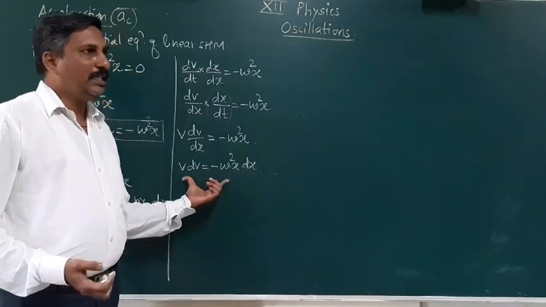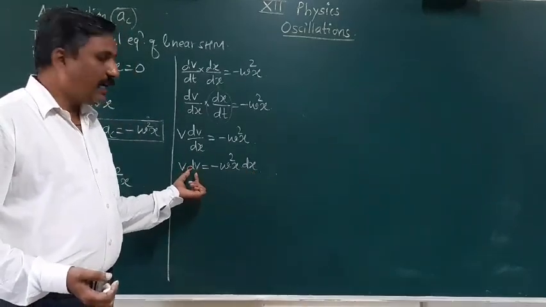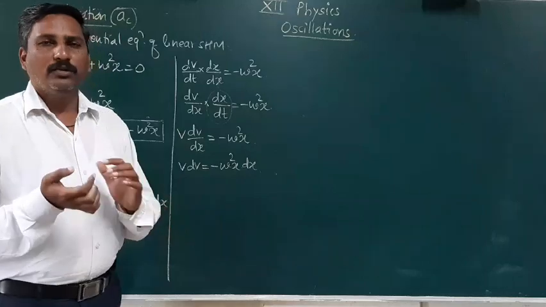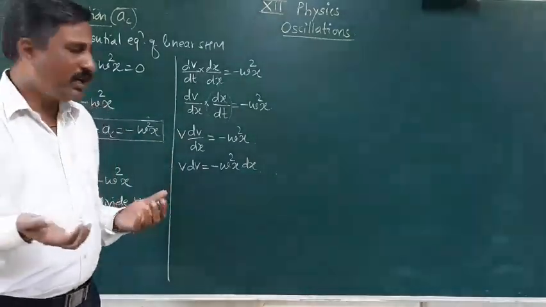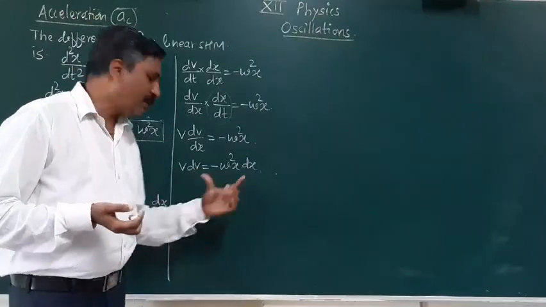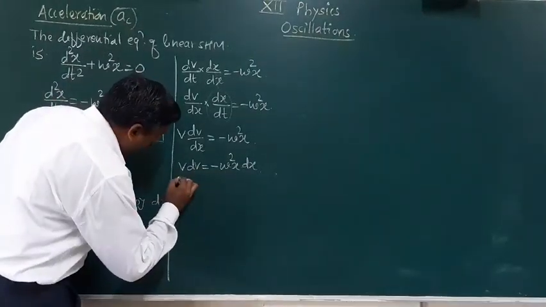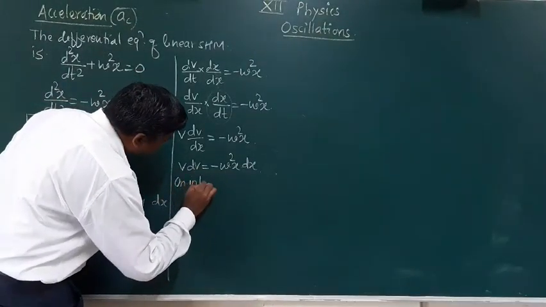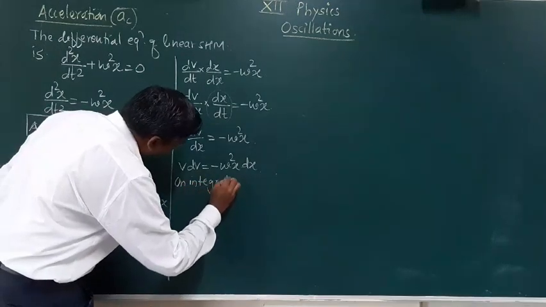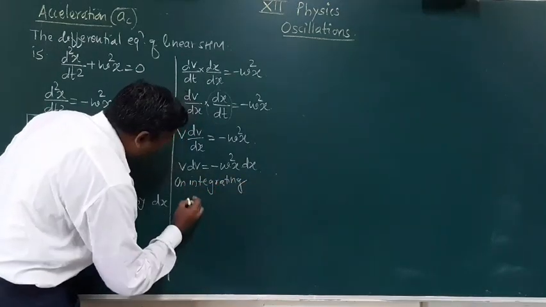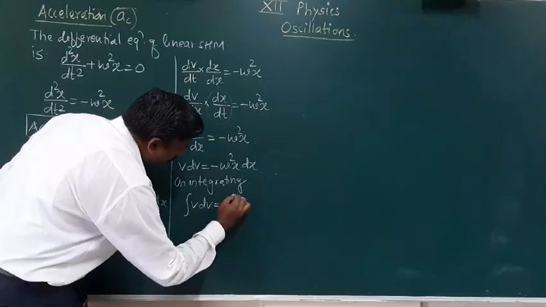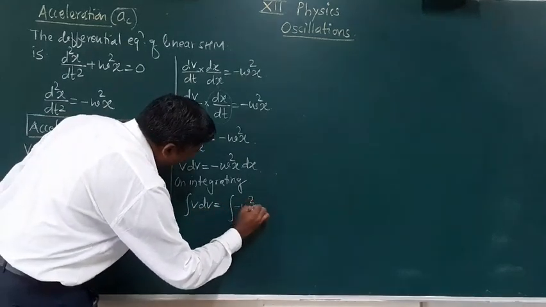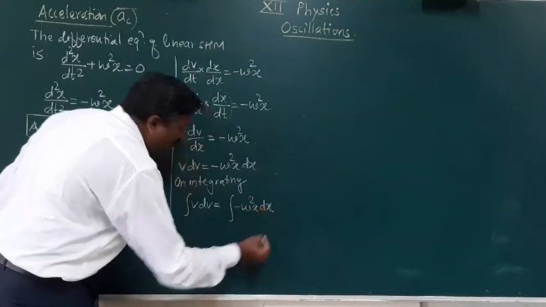Now here we are getting a differentiation. To remove that differentiation we require integration. So integrate this equation. On integrating, integration of v dv equals integration of minus omega square x into dx.